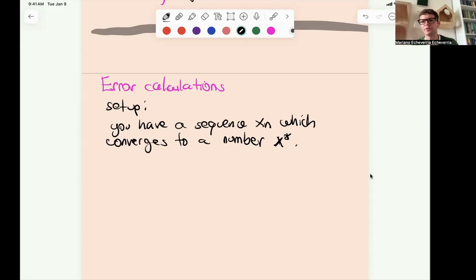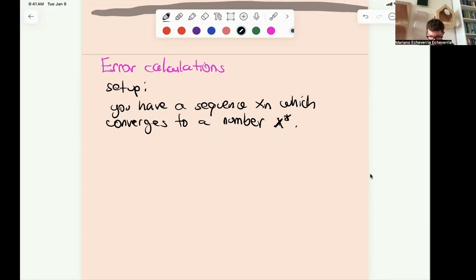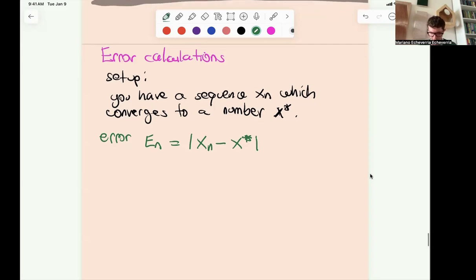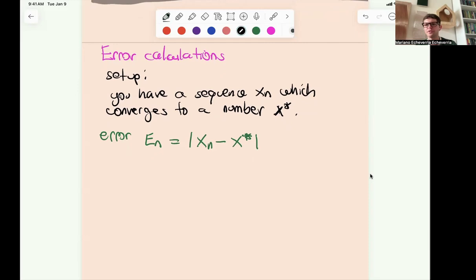So the error in approximating that point is how much the elements of the sequence differ from x star. So you can define the error at step n. So this is how much the nth term of the sequence differs from the limit. Okay. And you have to use absolute value because you don't know which one is smaller or greater than the other. So it's better to compute that using absolute value.